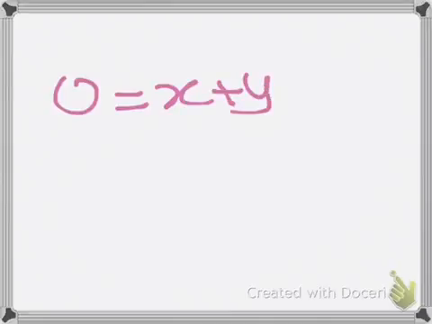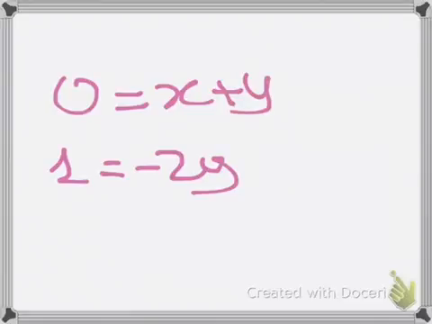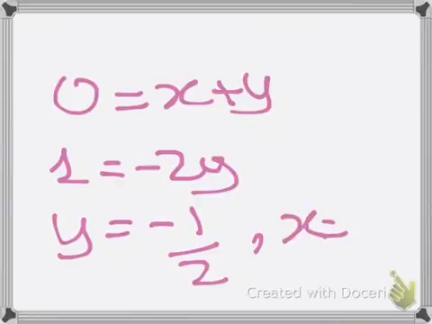By equating the powers of each of them, we know 0 is equal to x plus y, 1 is equal to minus 2y, and y is equal to minus half. Therefore y is equal to minus half, and x is equal to plus half.